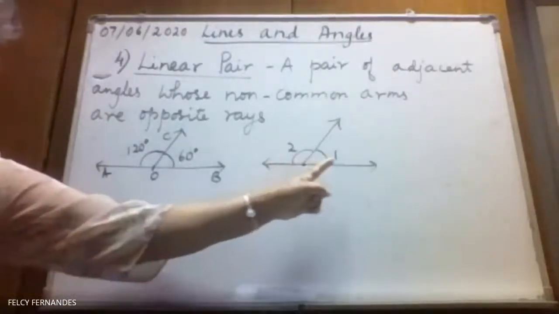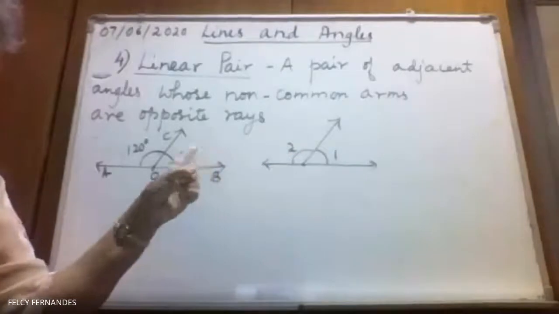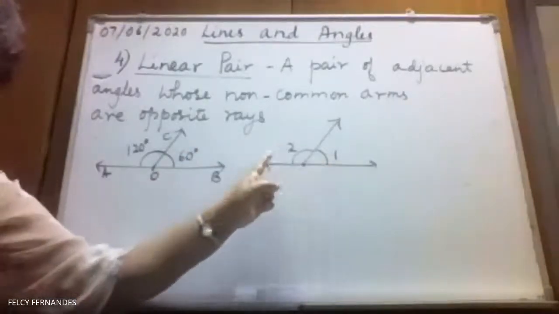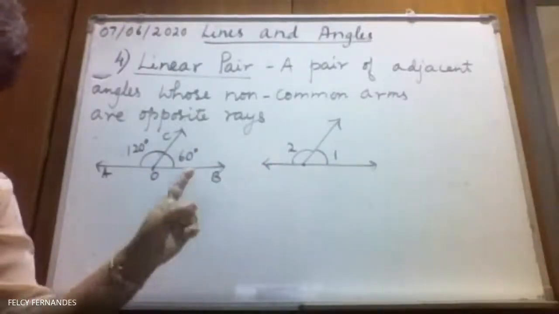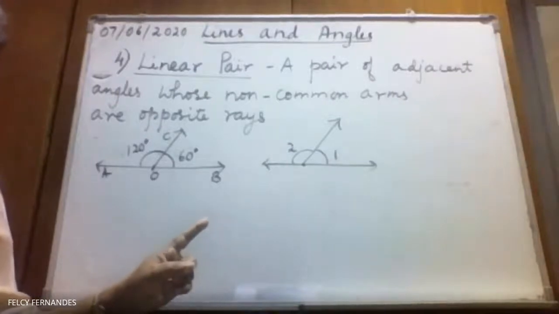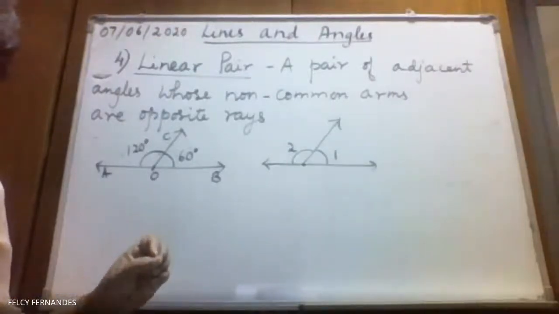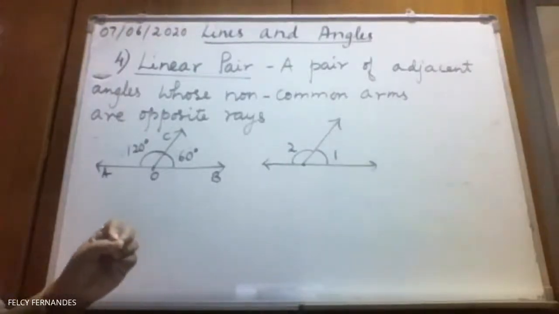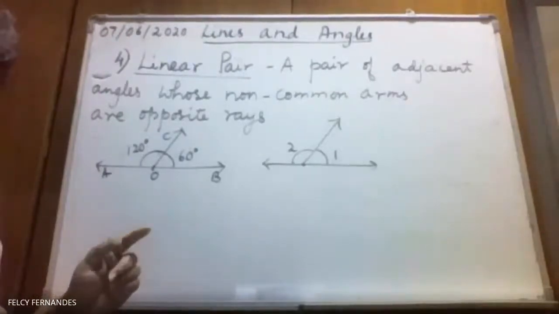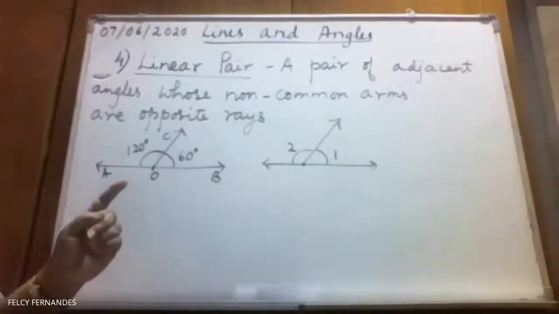So that when you add angle 1 measure and angle 2 measure, the total should be equal to 180 degrees.